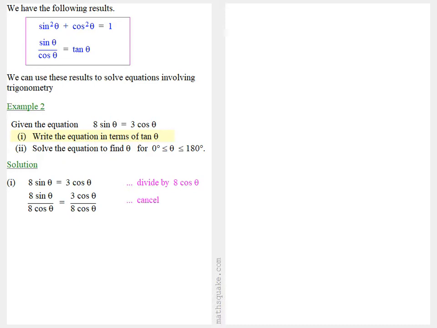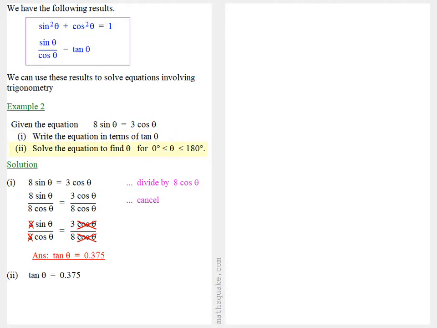Now when we've done that, we can cancel. The 8's cancel on the left-hand side, and the cos thetas cancel on the right-hand side. And that leaves us with sine theta over cos theta is 3 over 8, or we can write that tan theta equals 0.375.